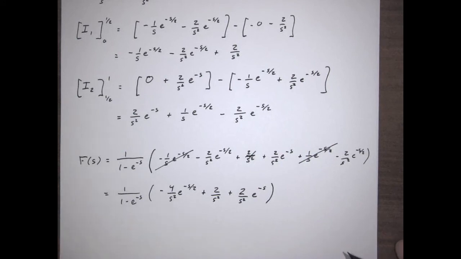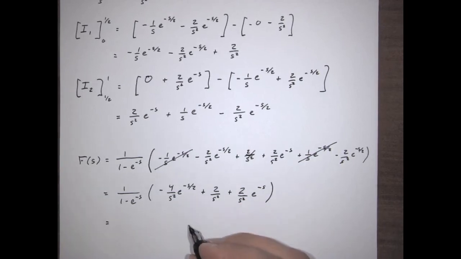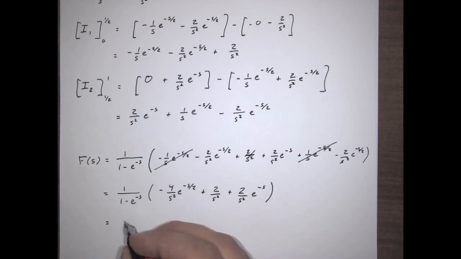And then those s terms are just canceled, so we can actually pull out a common factor of 2 and a common factor of s squared.